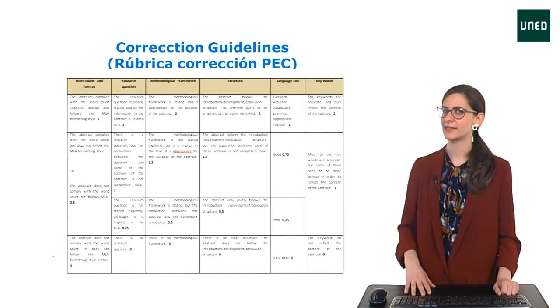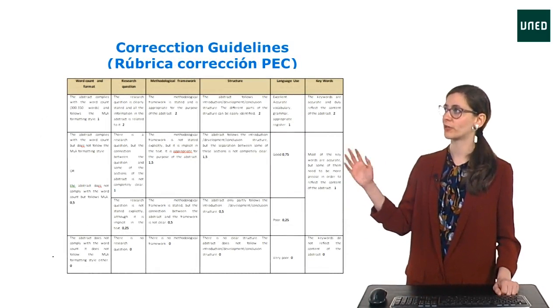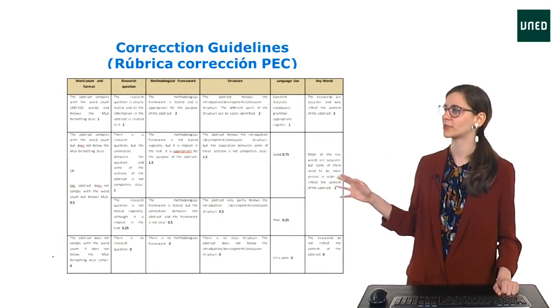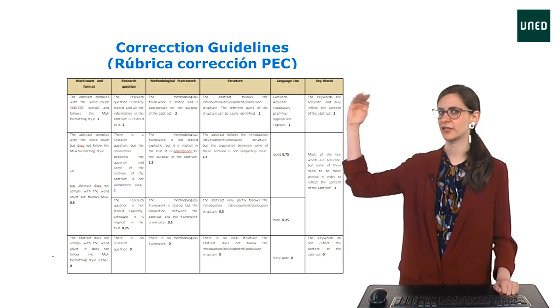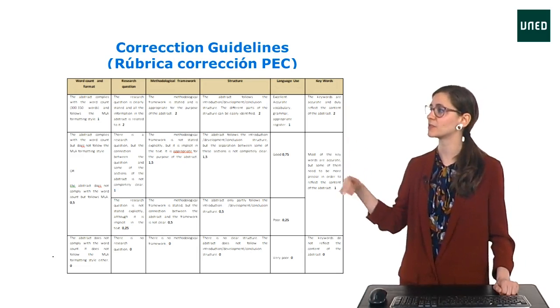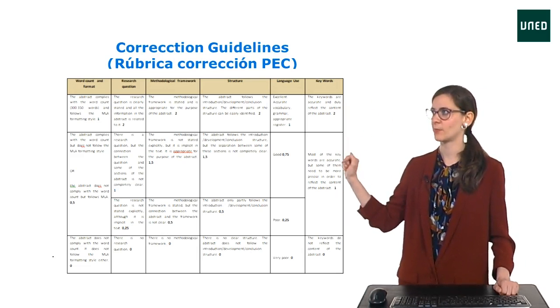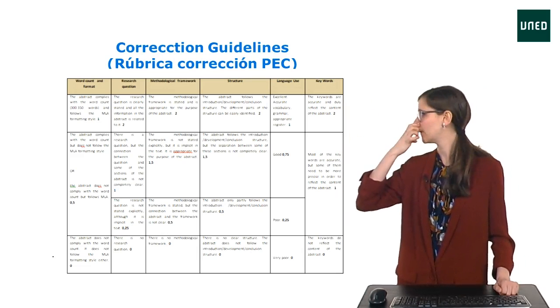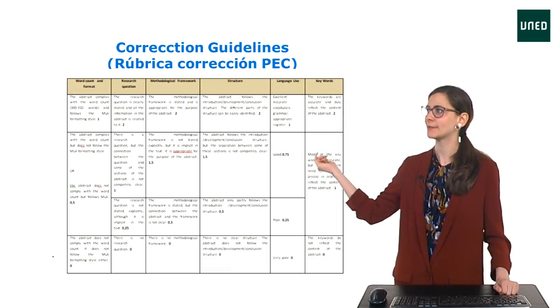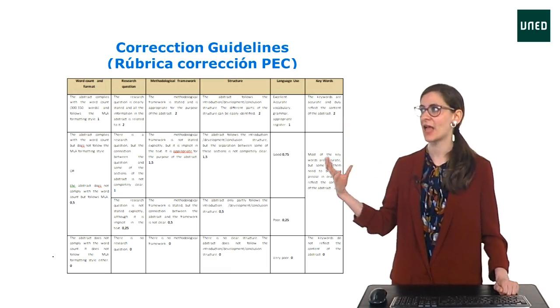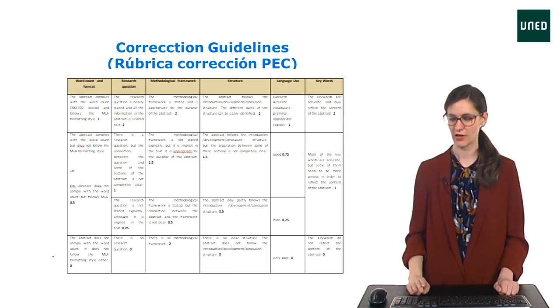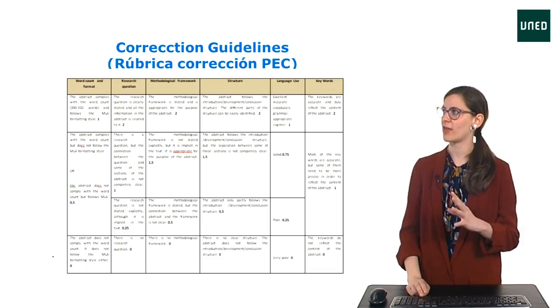Lastly, the correction guidelines are under the title of Rúbrica Corrección PEC in the Aula Virtual, in the platform in ALF, and you'll find this grid, okay? This grid with different elements, different items, with different numbers on them. As you can see, the maximum punctuation is 10, and we'll use this to give you feedback and to assess how your abstract has been done. My advice is that you have a look at this.